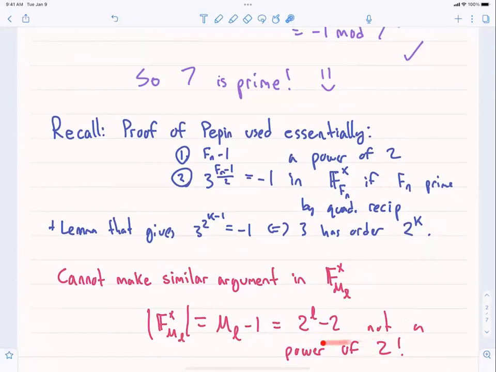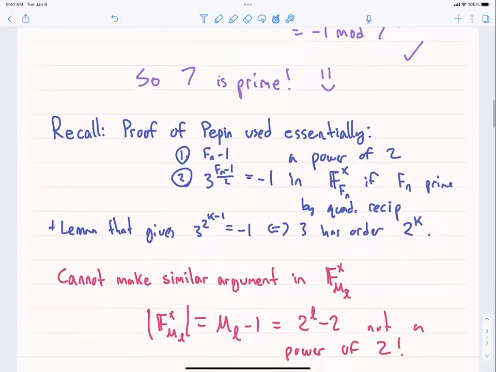So there's not going to be a way I can write down an element whose order is 2 to the L in here, because I want a group whose order is a power of 2, so I can have an element whose order is a large power of 2 as well. But that doesn't work here, so I have to do something different.